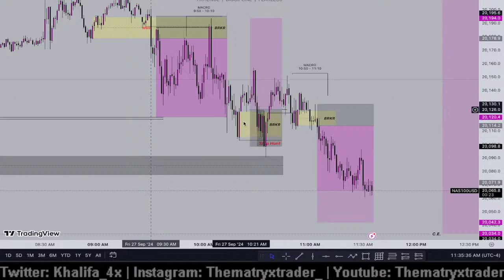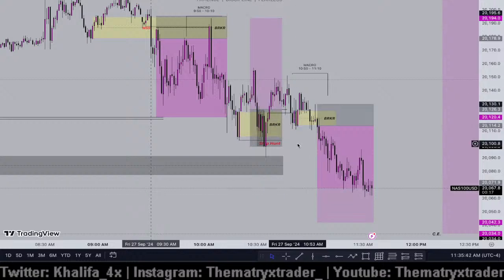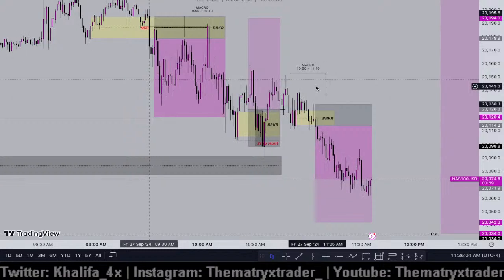There you see, I marked out this breaker, and even though it becomes a valid breaker, it fails, and we got another breaker and got an entry within the macros. This is what happens most of the time.